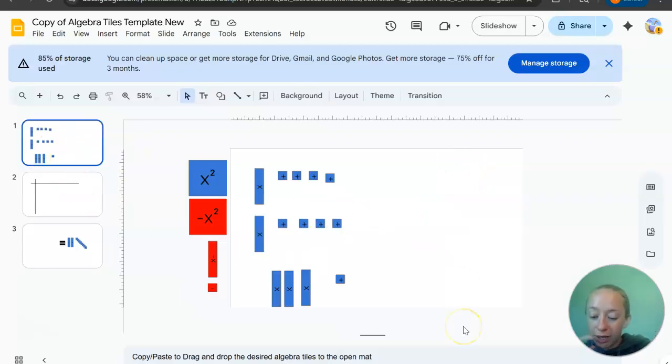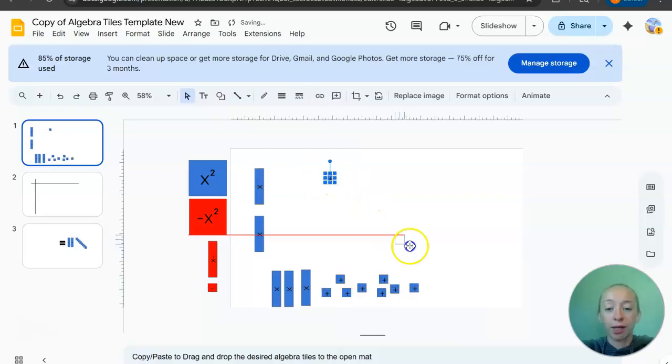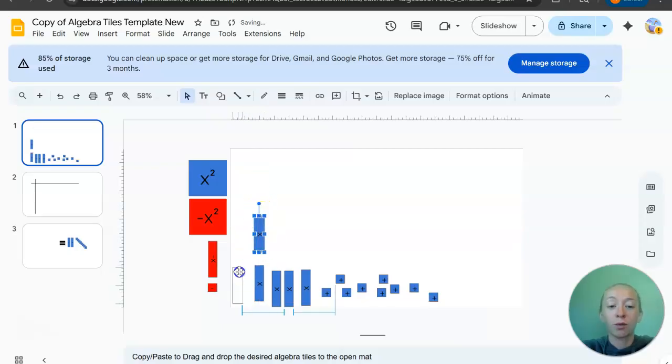Okay, for the next problem, we have 3 times parentheses negative x plus 2. So this is the same thing here, but this time it's a little different, but it's the same kind of idea. So because we're distributing, or because we're timesing, it's just like the one before where we just doubled what we had in the parentheses, but this time because there's a 3 on the outside, we're tripling it, right?